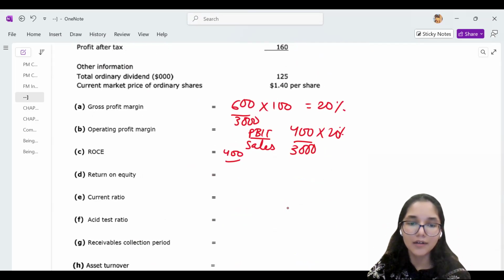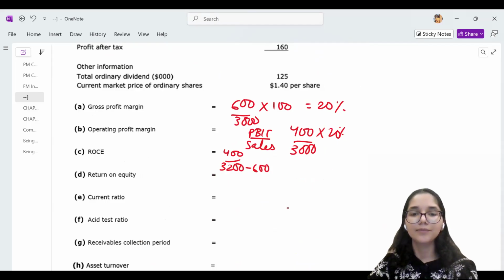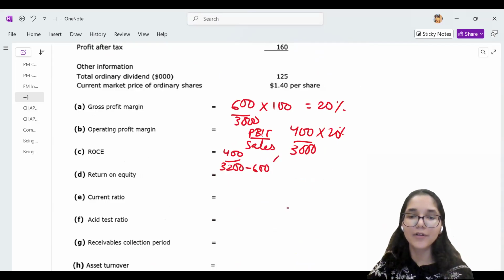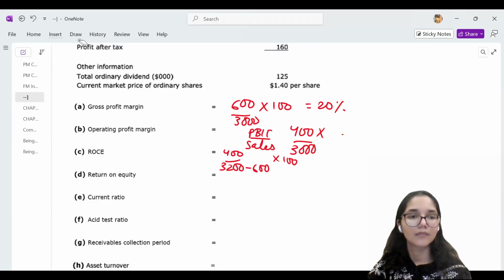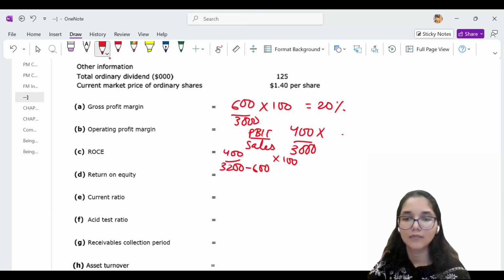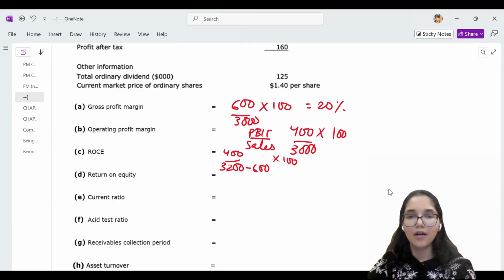So 3200 minus 600 will be my denominator. Multiply by 100 because ROCE is always expressed as a percentage. Okay, all right, 15.38%.